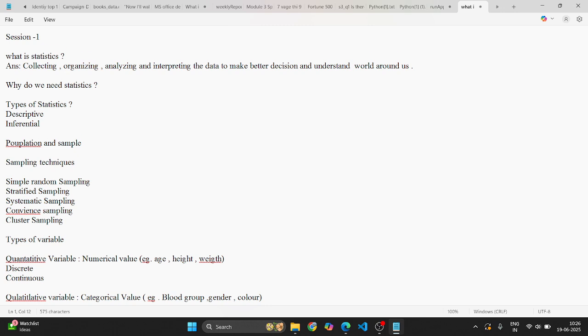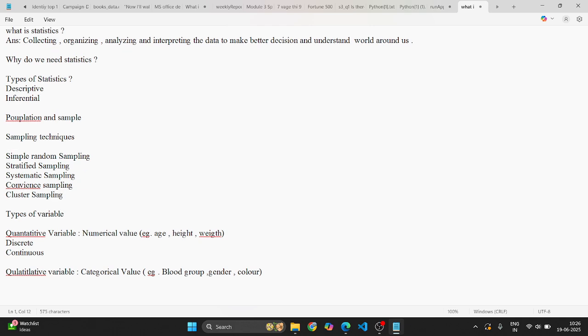After that, the types of variables. There are two types of variables: quantitative and qualitative. Quantitative variable means numerical, with numerical values like age, height, weight.